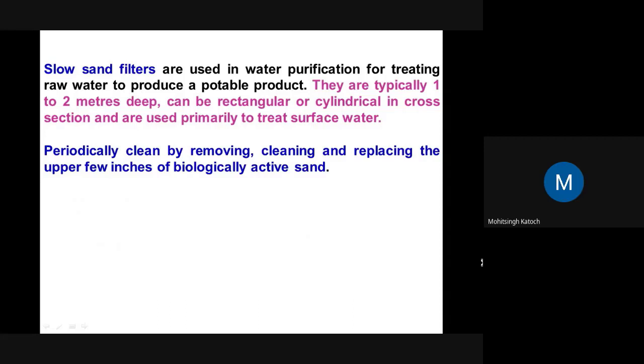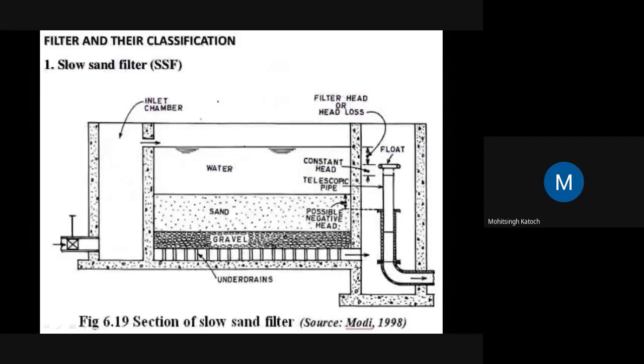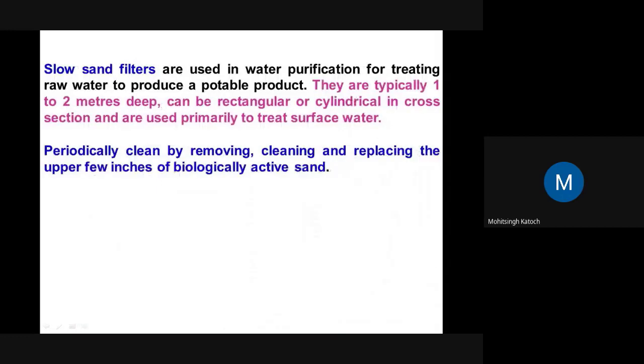Generally, slow sand filters filter water at a rate of about 100 to 200 liters per hour per meter square of area available. If we compare this to rapid sand filters, they generally have a rate of filtration of around 3000 to 6000 liters per hour per meter square of area available.